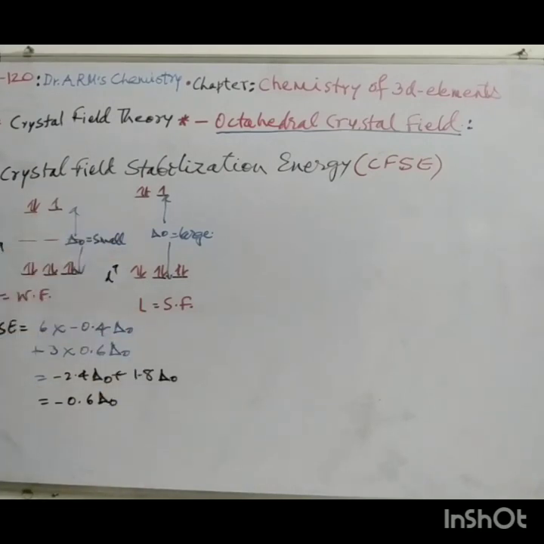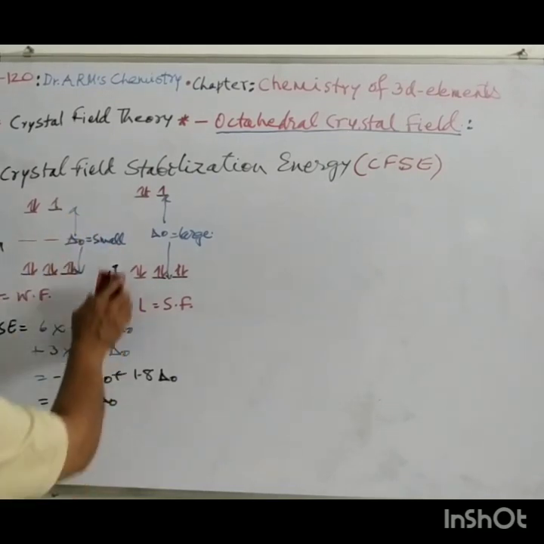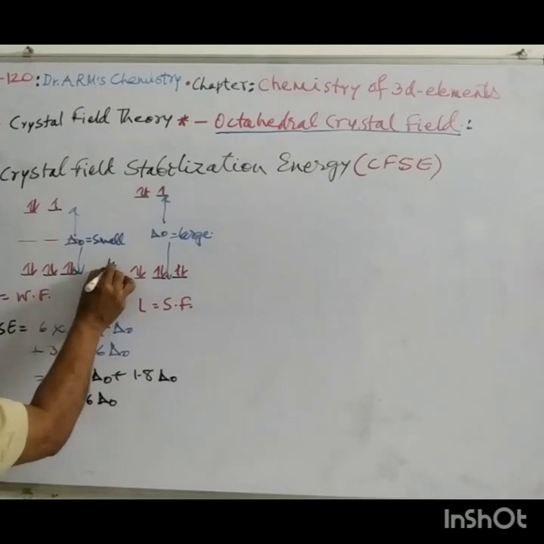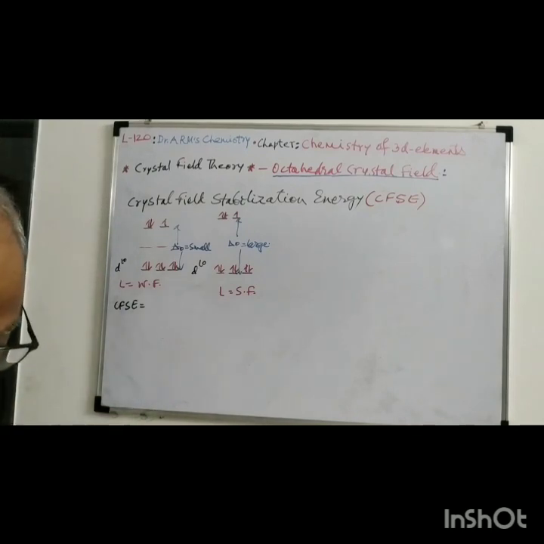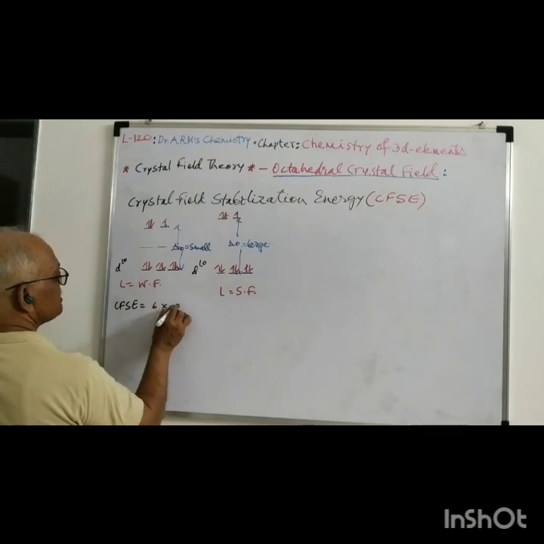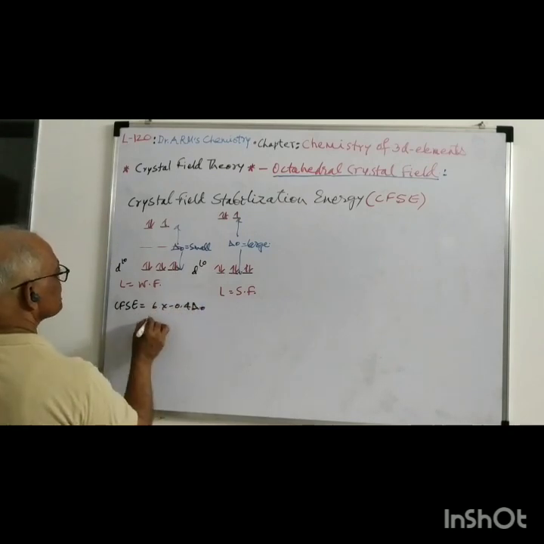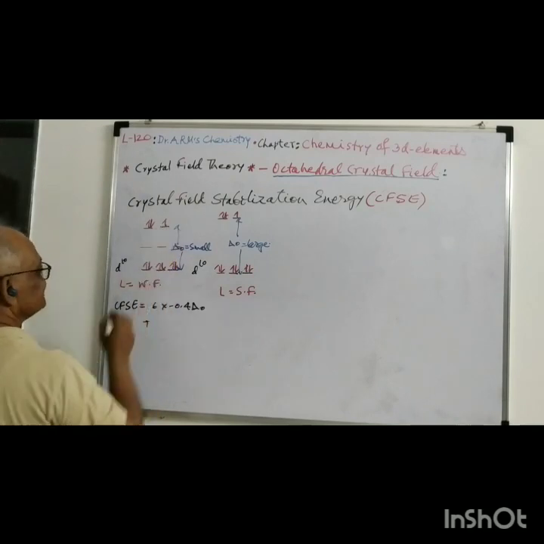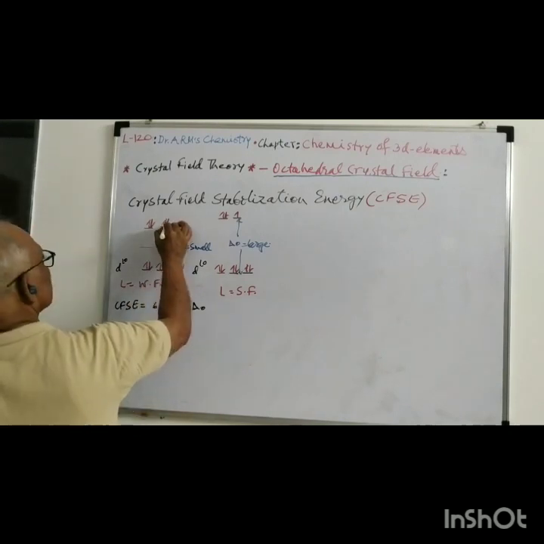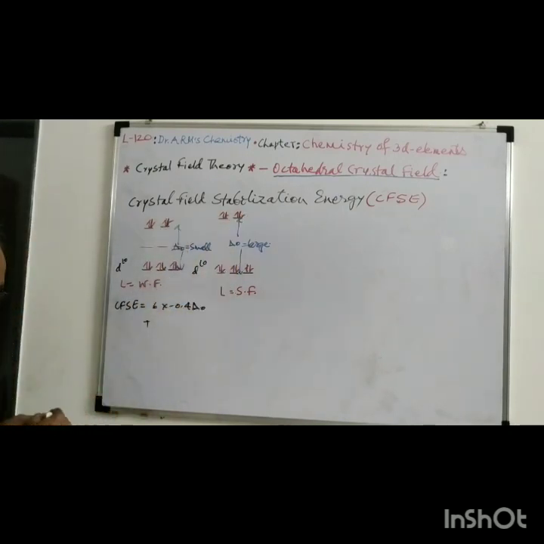Similarly, in the case of the D10 configuration, the electronic configuration will also be the same. So if we see this configuration, you will have values in both cases. Here 6 into minus 0.4 delta O plus the 10th electron will enter here in both cases.